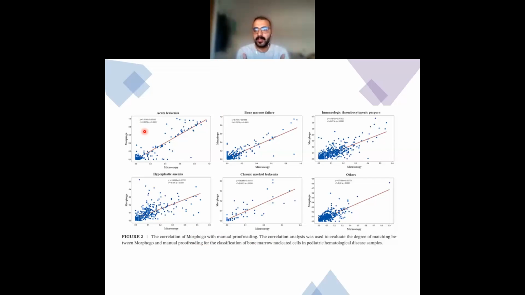It is the correlation between two variables. Here we have two variables: the results from Morphojo and from the microscopy. The R square is from 0 to 1. When it is close to 1, it indicates a good or strong relationship between these two variables.